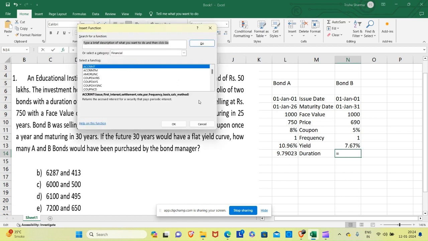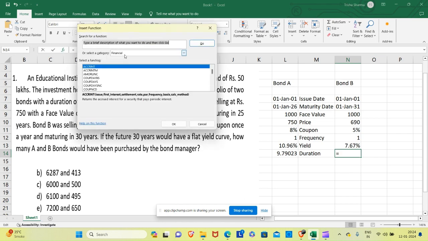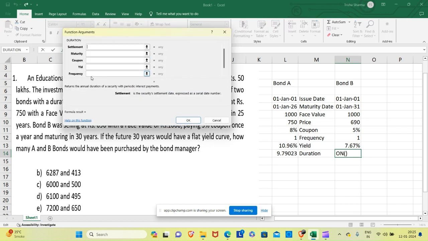Similarly, you will work on the duration of this bond also. So again you go to the function, which is what I have done. In the function you select the financial functions and then you type D. When you type D, you will reach duration by scrolling down from the keyboard. So we have reached duration here, and then we enter and the pop-up screen opens. We write the issue date as the settlement date.